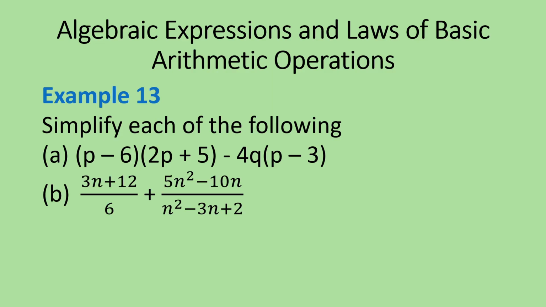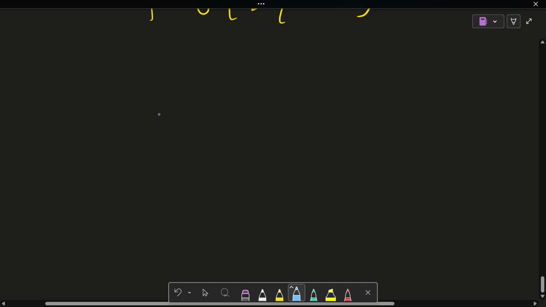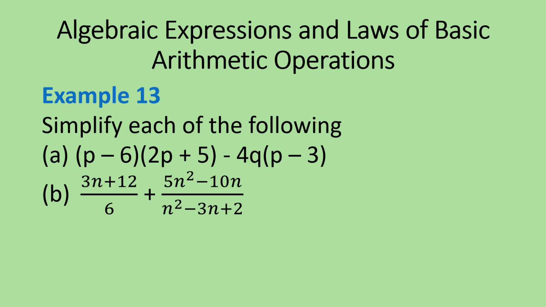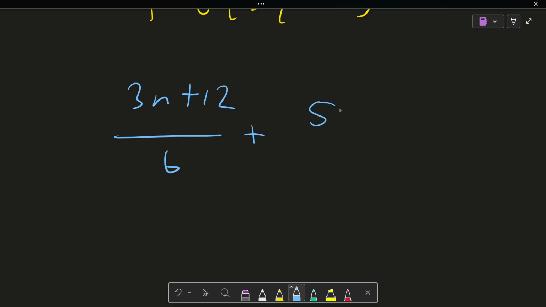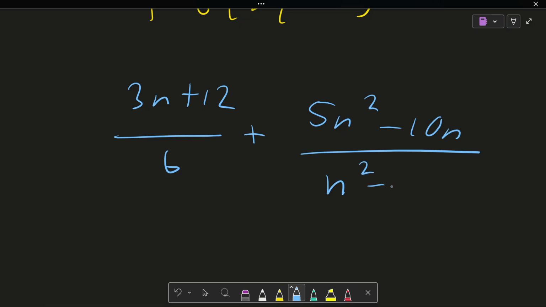Next, 3n plus 12 over 6, plus 5n squared minus 10n over n squared minus 3n plus 2.